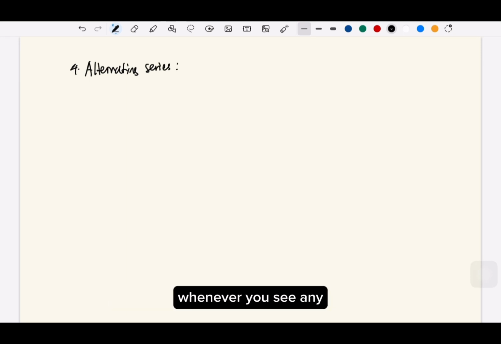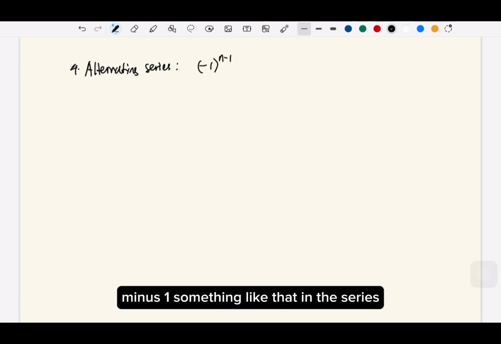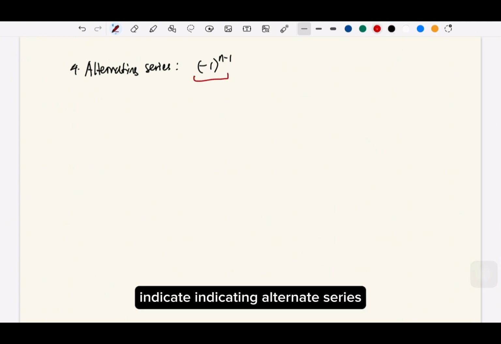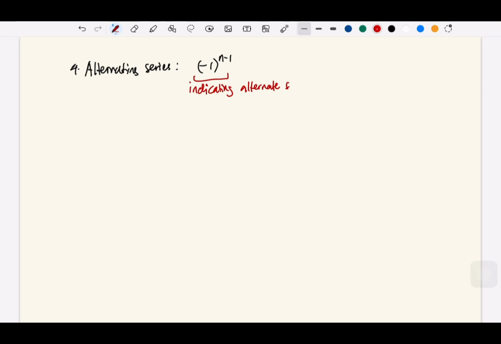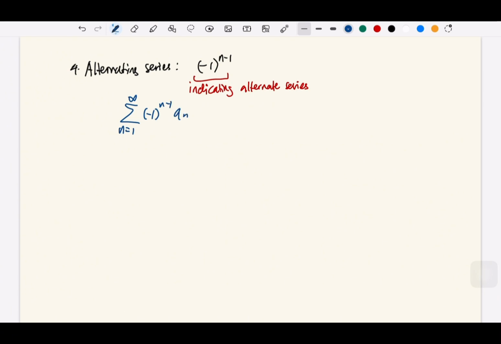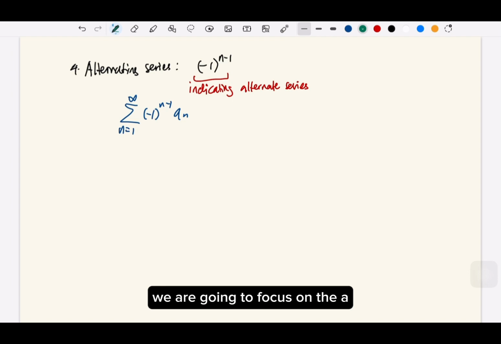Whenever you see any (-1)^(n-1), something like that in the series, this indicates an alternating series. So if we take the n like this, suppose that this is our series, we are going to focus on the a.